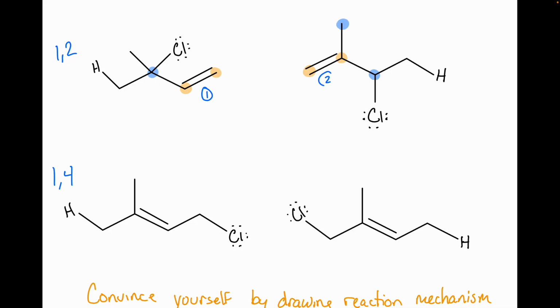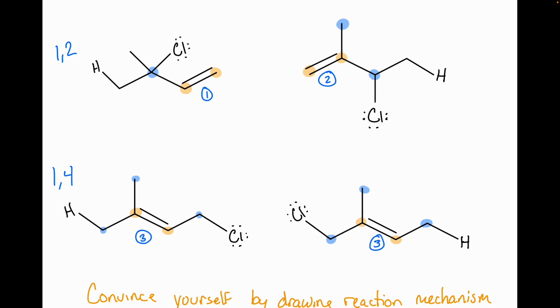We got 2 of them, so this one's di-substituted. What about this one? This one's tri-substituted. We have 1, 2, 3 carbons bound. And the last one, 1, 2, 3 carbons bound, also tri-substituted.